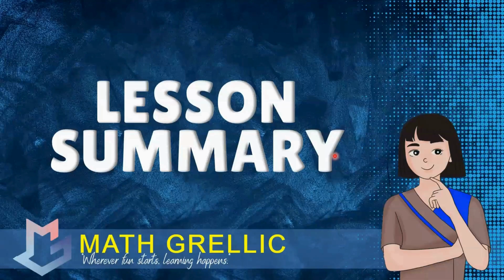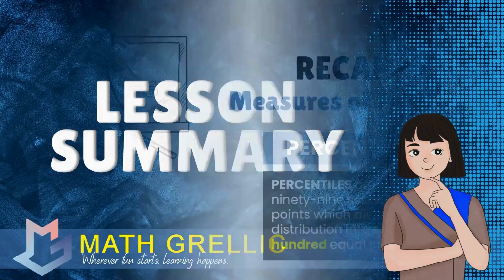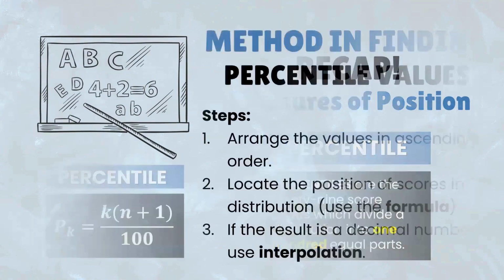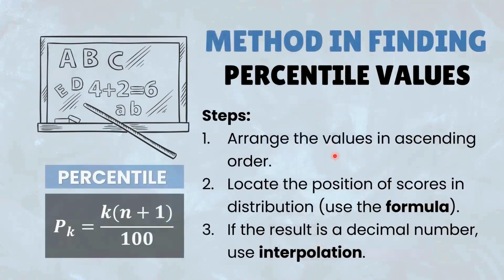So that ends our lesson for percentiles. To recap what we have just discussed, percentiles are again the 99 score points which divide a distribution into 100 equal parts. These are the steps that we undergo in order to find the unknown percentile values.